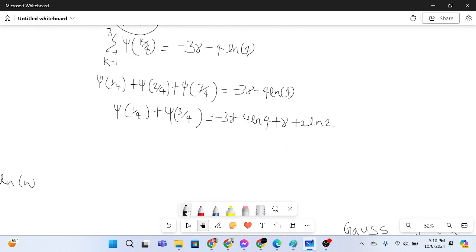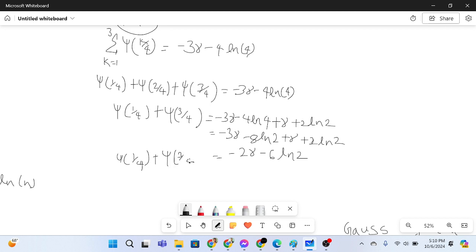Yeah. Now let us simplify this. Minus 3 times the Euler-Mascheroni constant, this is minus 8 ln 2, plus the Euler-Mascheroni constant plus 2 ln 2. That's why it is minus 2 times the Euler-Mascheroni constant minus 6 times ln 2, right? This is digamma of 1 by 4 plus digamma of 3 by 4.